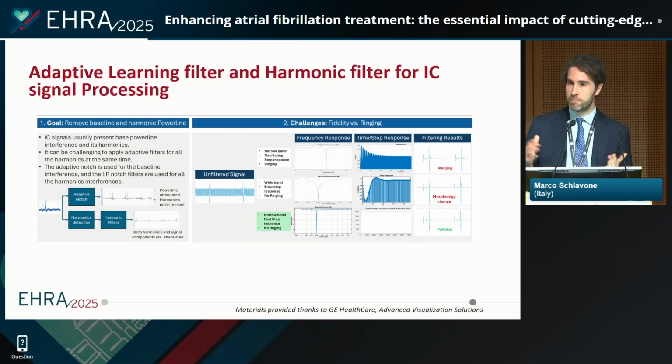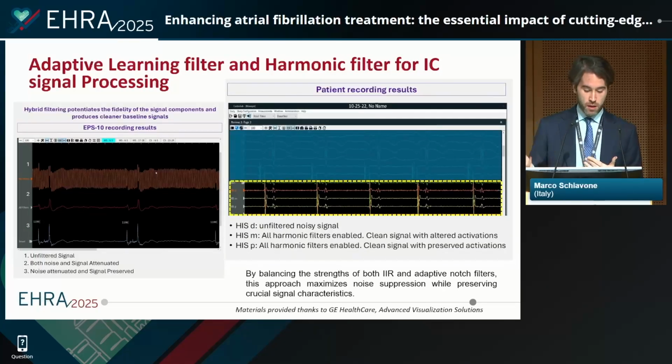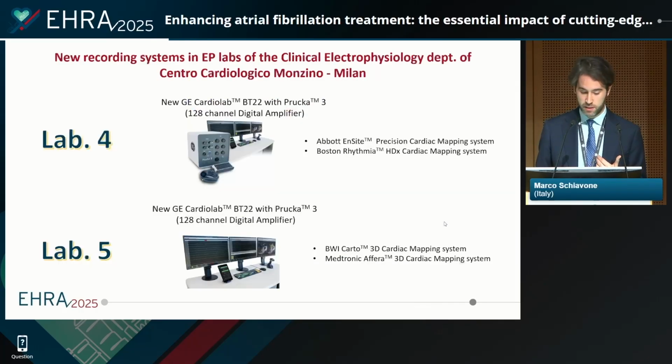Basically, the idea is to use an adaptive notch while preserving the harmonics detection, and using all the harmonic filters that balance the fidelity of the signals and the elimination of the noise. This is an example on a distal catheter with an unfiltered noisy signal, to the proximal catheters where all harmonic filters are enabled and the signal is still clean with preserved activation.